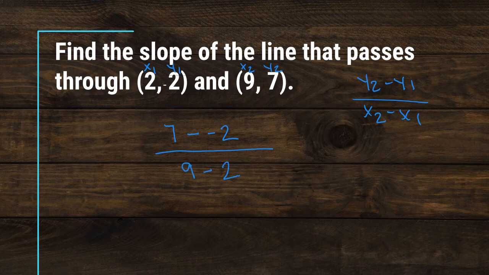Now, what happens whenever I have a minus negative? Minus negative is the same thing as adding. So I'm going to have 7 plus 2, and 7 plus 2 is 9. And then I have 9 minus 2, which is 7. So the slope of my line is 9 over 7. You're going to leave that just as it is, as an improper fraction. Don't turn it into a mixed number.